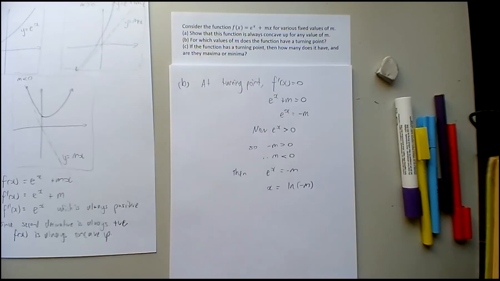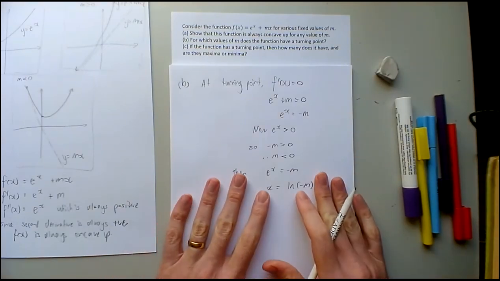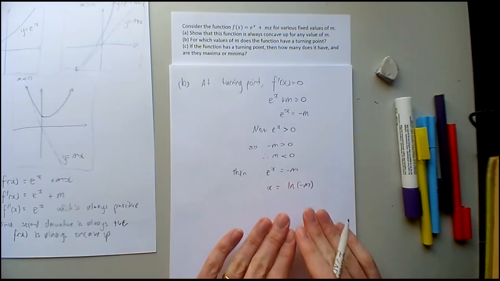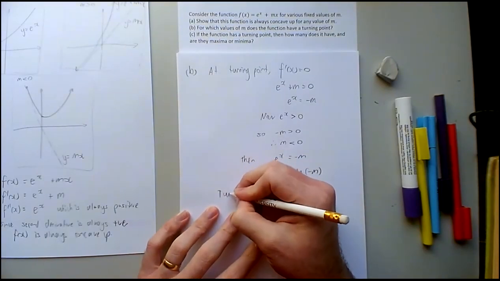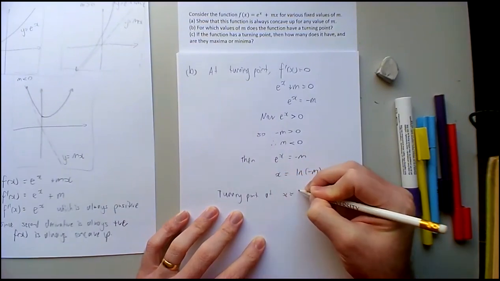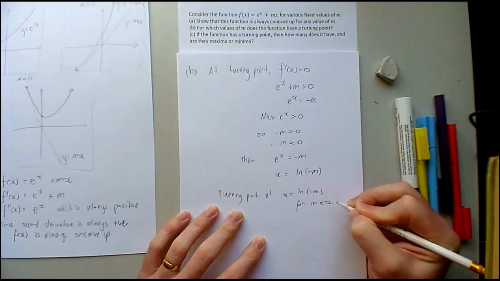And let me just check. Is it really going to be a turning point? Yes, it is, because it's concave up everywhere. And if you've got a place where the first derivative is 0 and it's concave up at that spot, it's definitely a turning point. Okay, so there's a turning point at x equals ln of minus m for m negative.